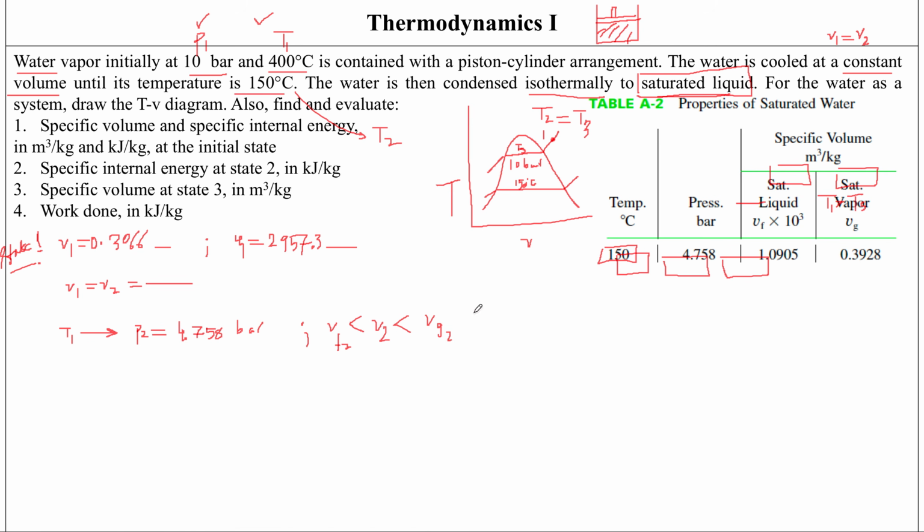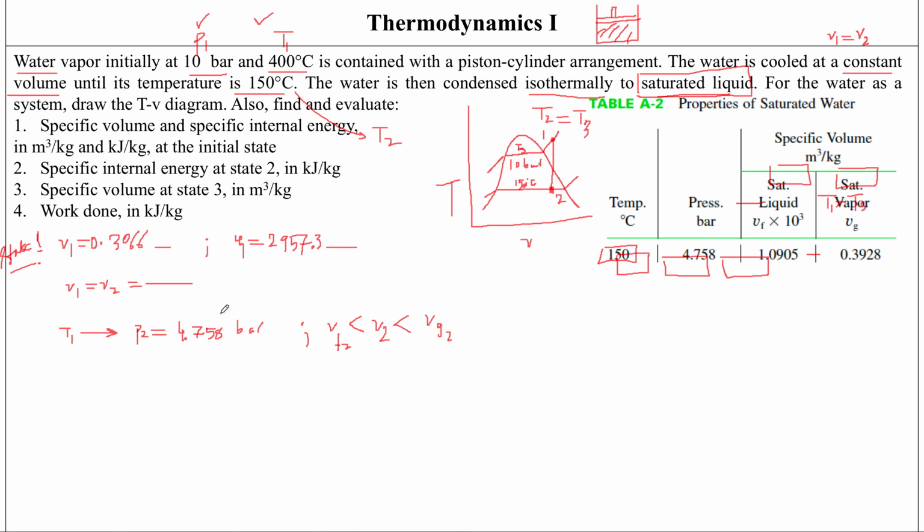Because I've spotted that v2 is between these two values, I know that my state 2 is going to be under the dome. If v2 was greater than vg, then I would still be in the superheated region. But because v2 is between the values of vf and vg, I know that my state 2 is under the dome. So this is my state 2 over here.